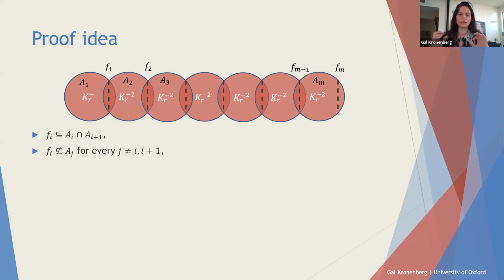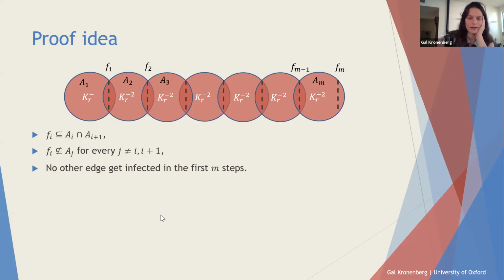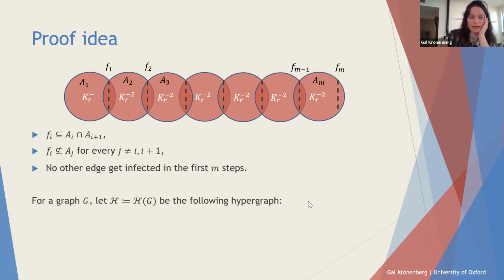So we really want to make sure that this edge is a subset only of these two cliques and not of any other clique. We also want to make sure that no other edge gets infected. Otherwise, once again, we lose control, we don't know what happens, we can start infecting edges and not know how, and maybe suddenly the process will speed up. So this is what we aim to find.